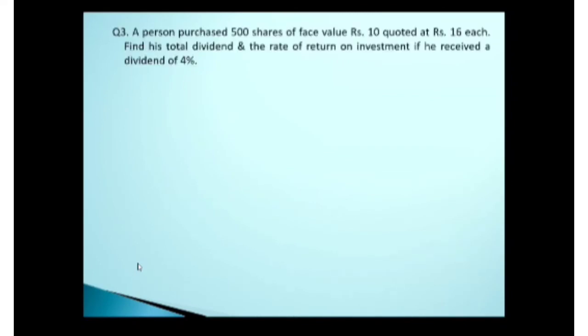A person purchased 500 shares of face value rupees 10, quoted at rupees 16 each. All right, so number of shares is 500. Face value is rupees 10. Quoted means market price is given to be rupees 16. Find his total dividend and the rate of return if he received a dividend of 4 percentage.